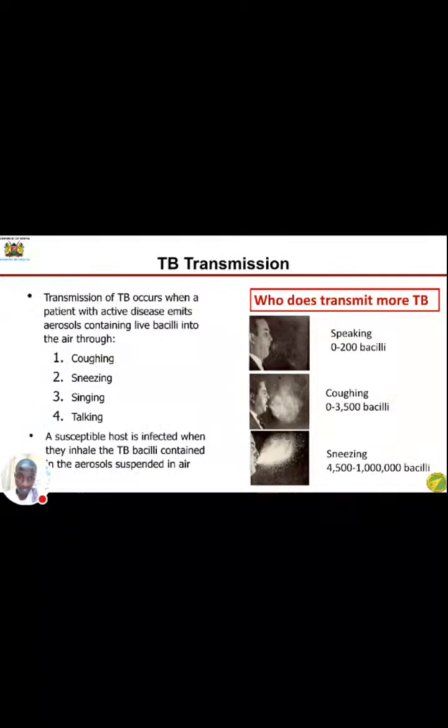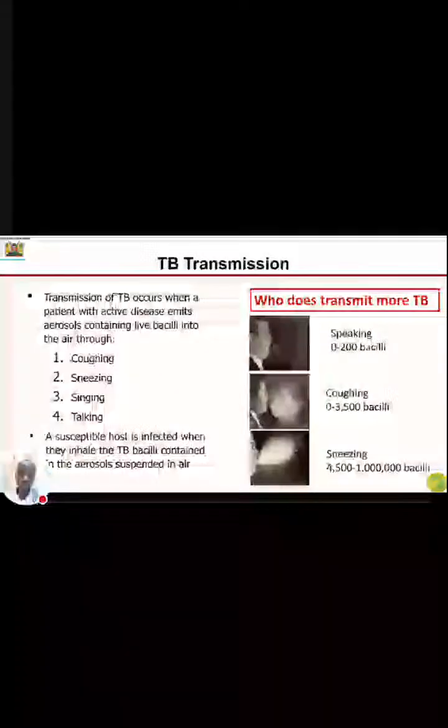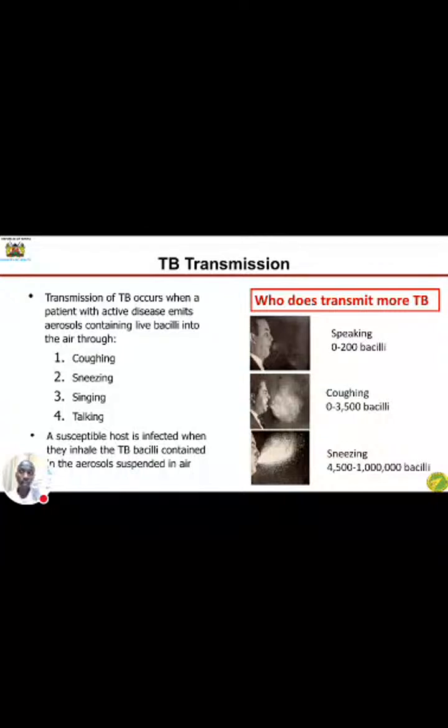This means that when someone has active drug-sensitive tuberculosis or drug-resistant tuberculosis and is sneezing, the likelihood of infecting people in the household is almost 1,000 times higher than someone who is coughing.